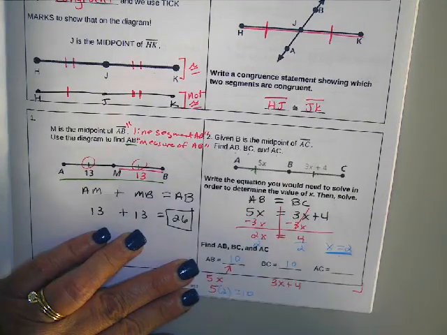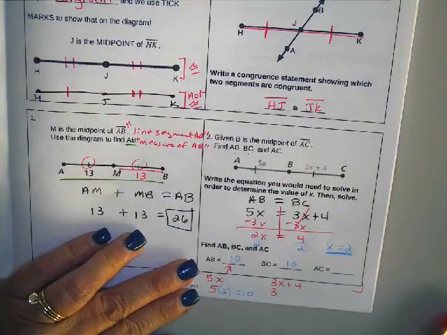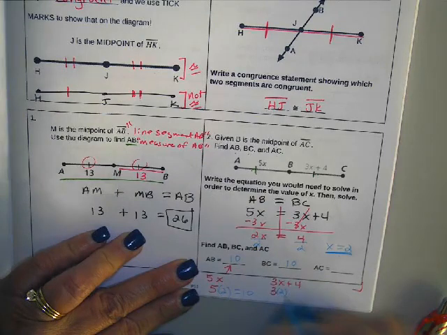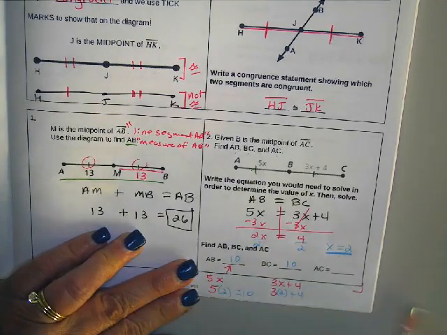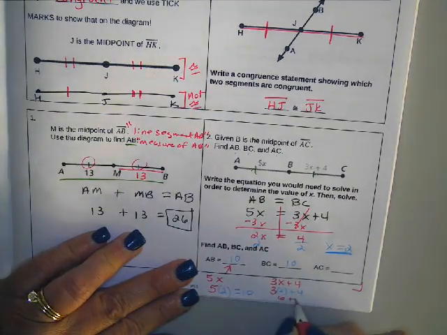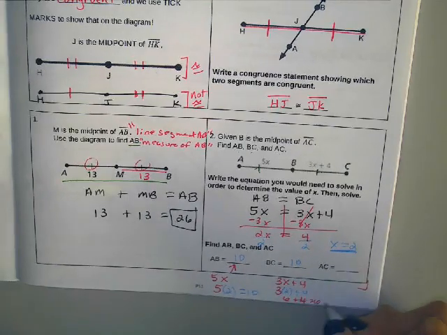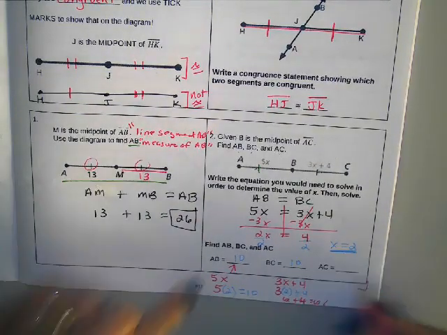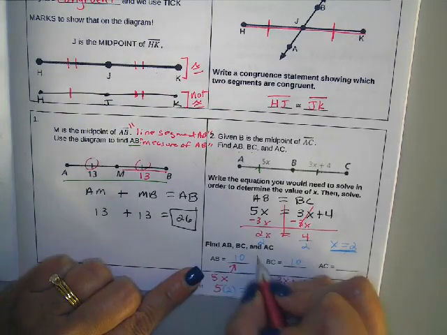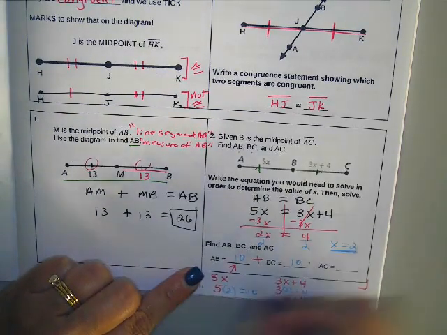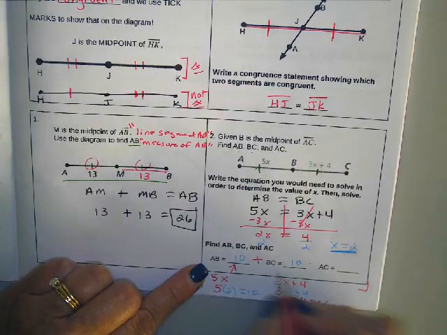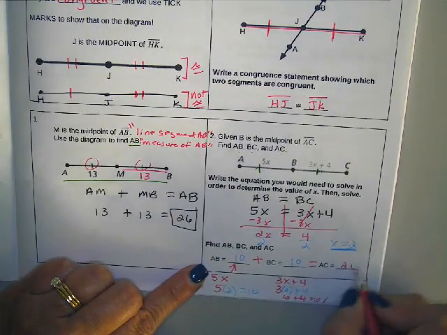Now we know x is 2. So 3, plug in 2 for x, plus 4. And then we have 6 plus 4 is 10. So great, we figured it out. Good job. AC is them all added together. AB plus BC equals AC, which would be 20 in this case.